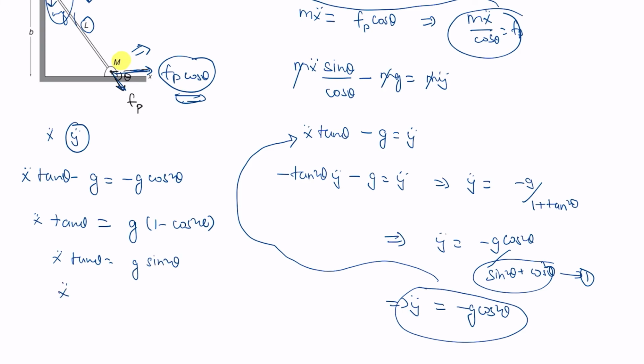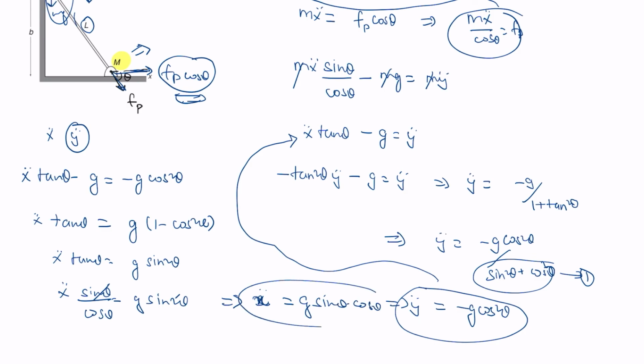With tan theta as sine theta upon cos theta, the sine theta cancels out, and this implies that x double dot equals g sine theta cos theta. Here's my answer. See you in the next video.